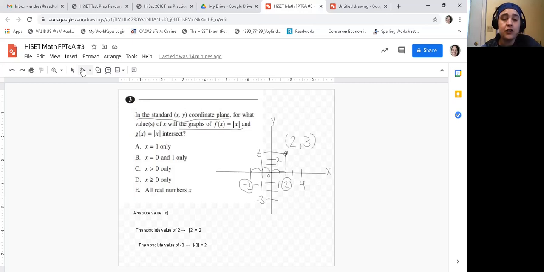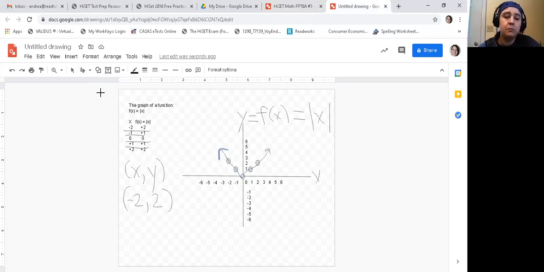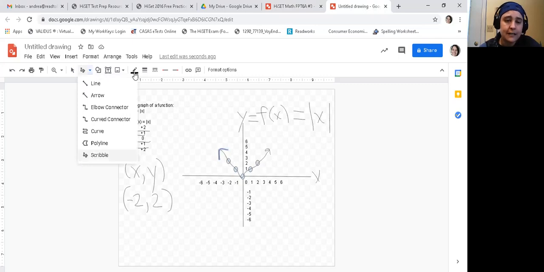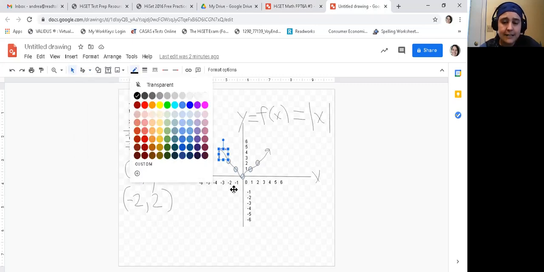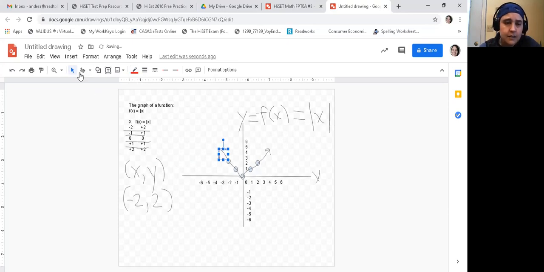Because they are the same function, that means they're going to have exactly the same graph on the coordinate plane. So if this is the graph of f of x right over here, then if I were to plot the graph for g of x, well, guess what? It's going to be exactly the same graph, okay? It's going to come down right on top of these points, and it's going to move right back up in exactly the same method.